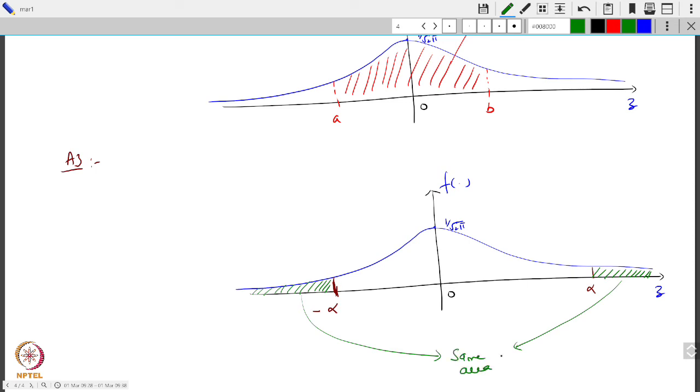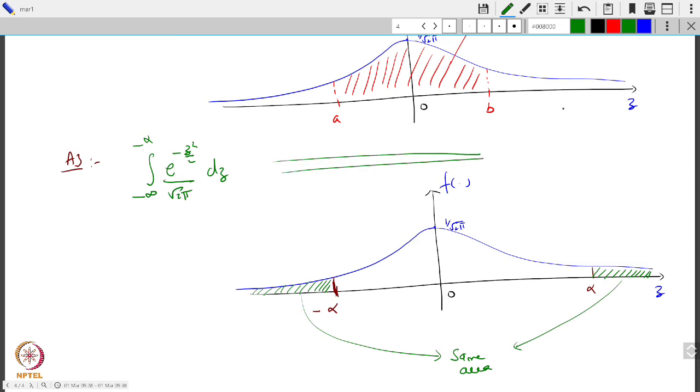All I'm saying is that the integral from minus infinity to minus alpha of e to the minus z squared by 2 over square root 2 pi, because the function is symmetric, is the same as on this side.